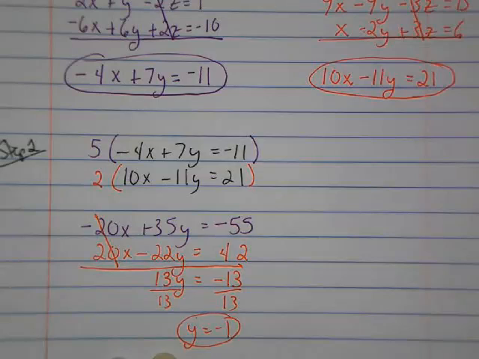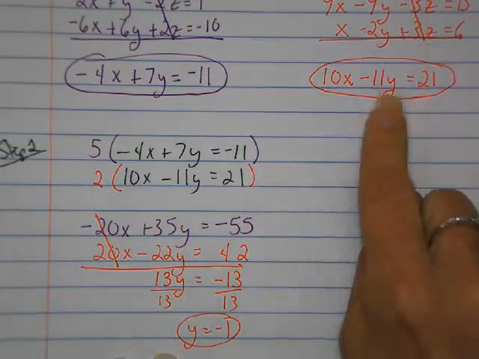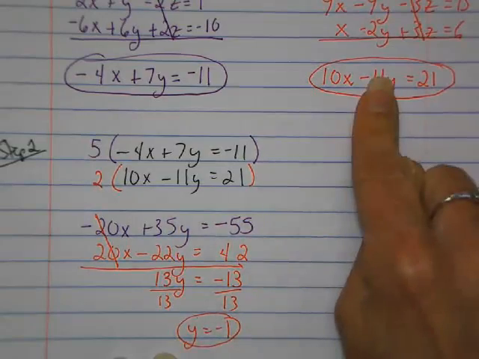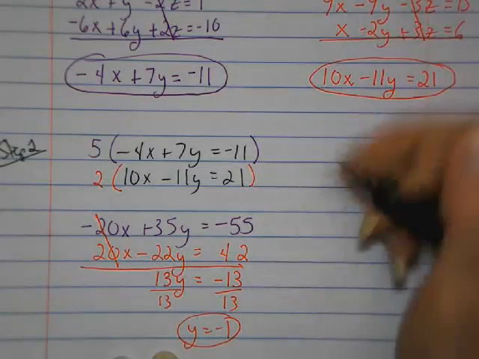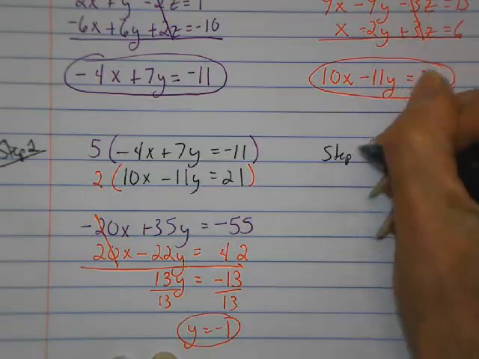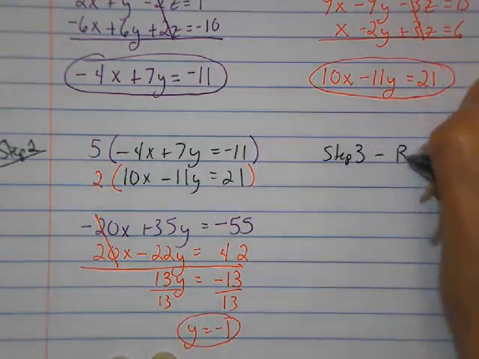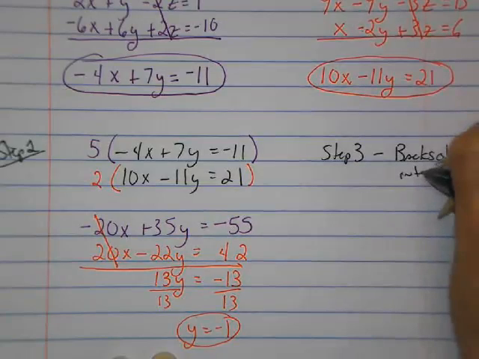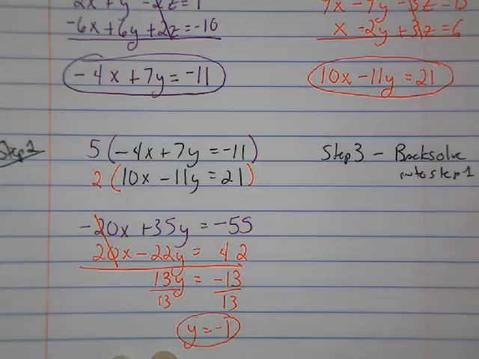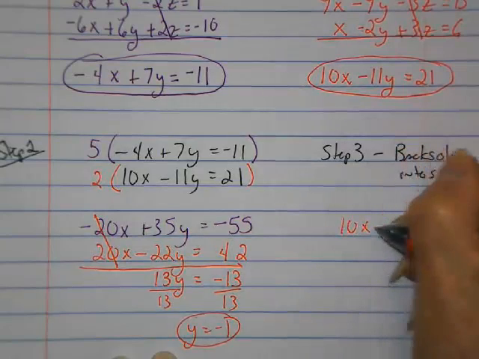I'm going to go ahead and pick this one. And the only reason I picked him is less negative. Alright? So, step 3, back solve into step 1. Alright, so I have 10x minus 11y equals 21.